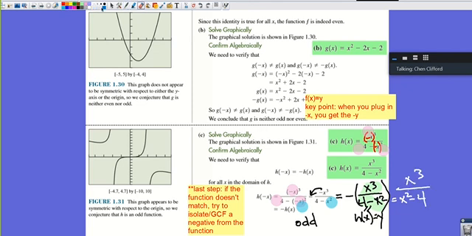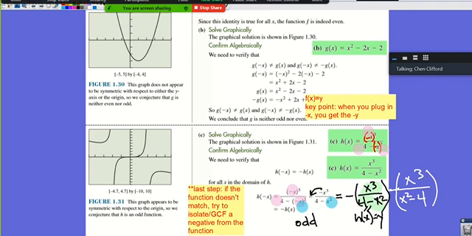This would also be neither, because we don't have a perfect match inside the parentheses, and there's a negative sign. If there's a negative sign in front, then we need to have a perfect match in the parentheses for it to be odd. But because you have a negative sign in front and it's not a perfect match here, it would be neither. All right, folks.